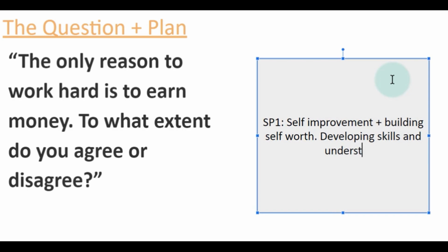I suppose really this is 2 or 3 points all under the same idea of building self-worth and self-improvement. So we have self-improvement, such as skills and knowledge, building self-worth and developing skills and understanding, learning new things from our work.